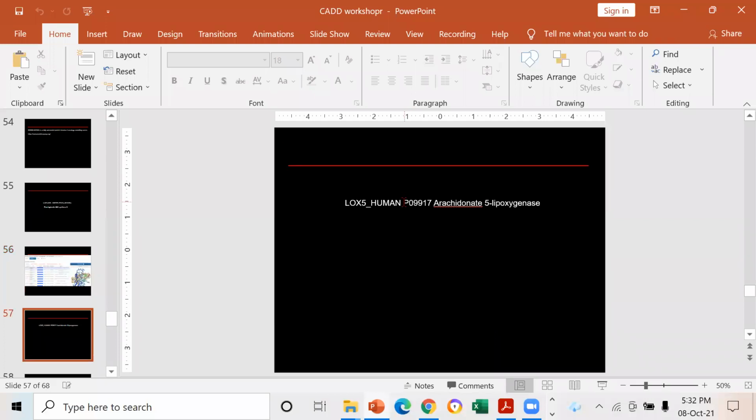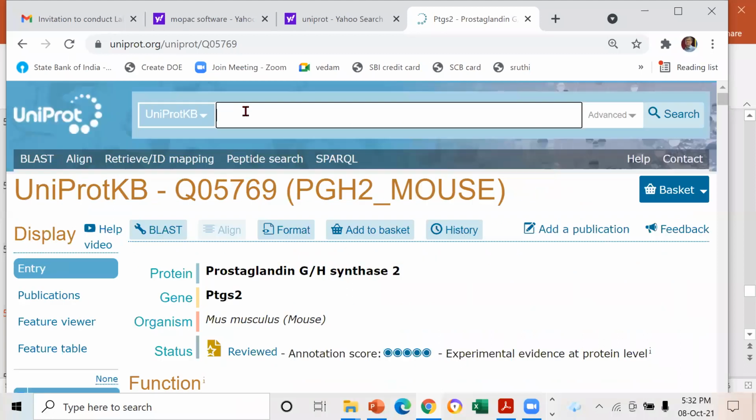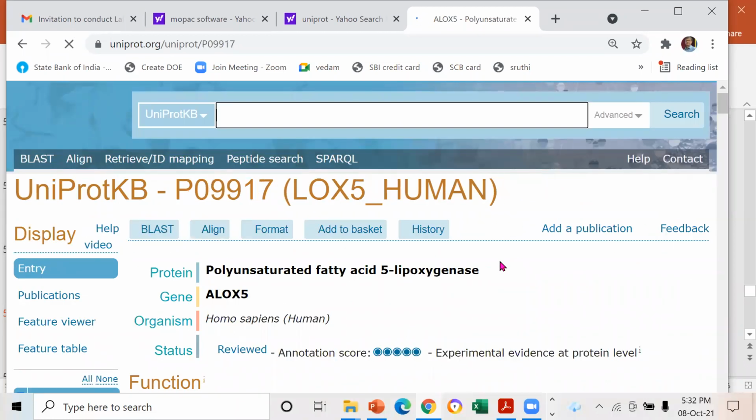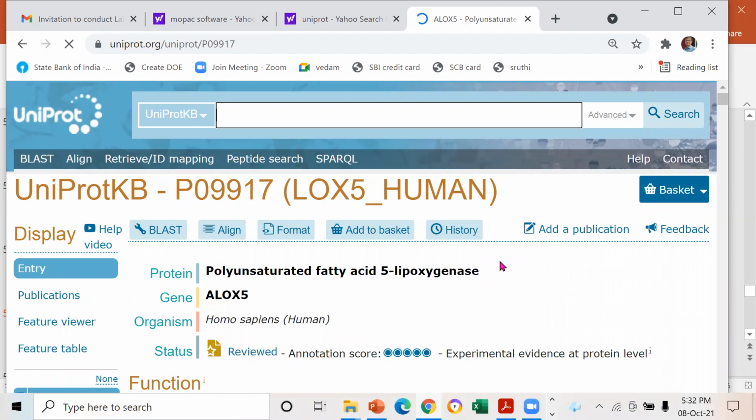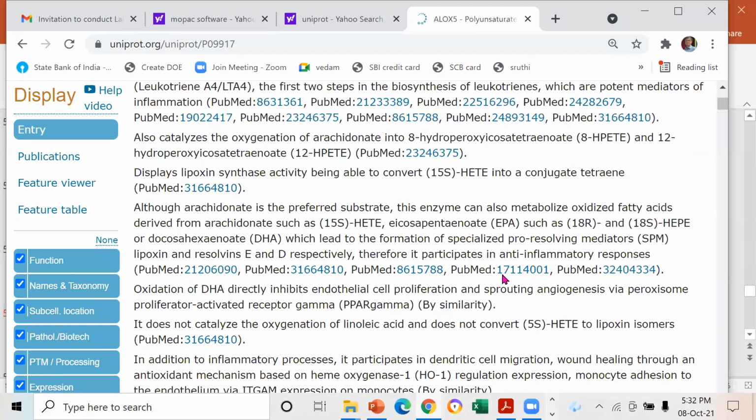And this is another protein which is involved in asthma. This is the sequence, called 5-lipoxygenase. This is involved in asthma.